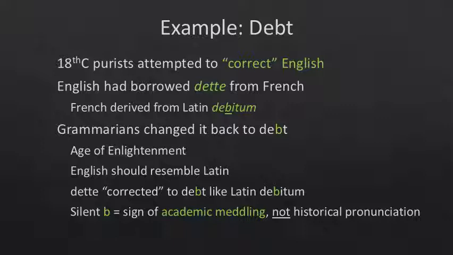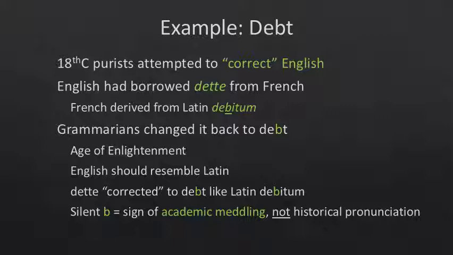And if you add together their desire for logical systems that make rational sense and their love of ancient languages, they reasoned the following way. If you go back to Latin, the word for debt, an obligation, is debitum. That's in Latin, where it does have a B. And they said, well, we can fix this by putting a B into the language to make it more regular.